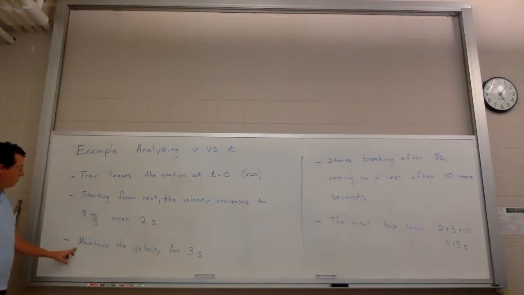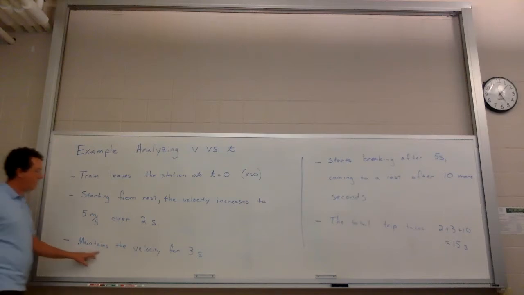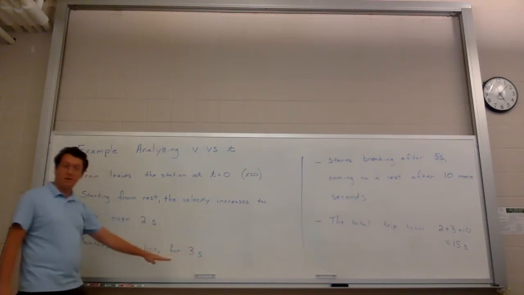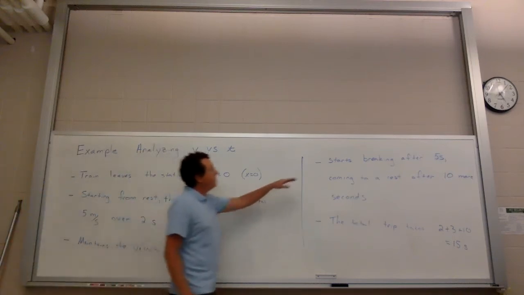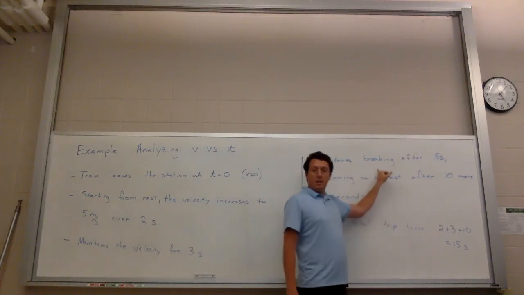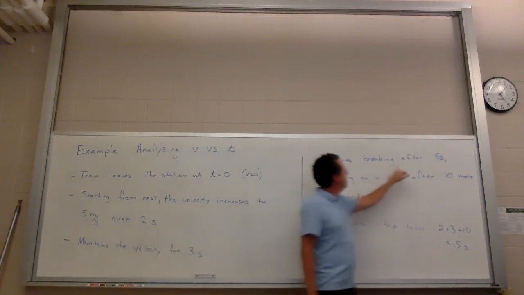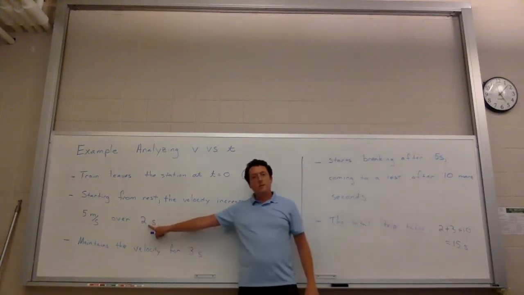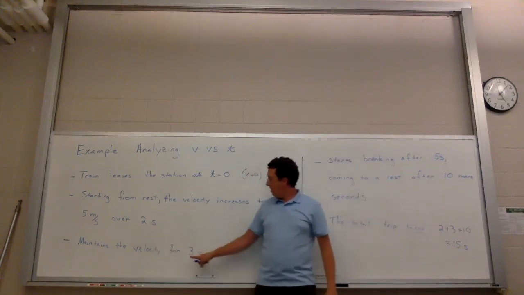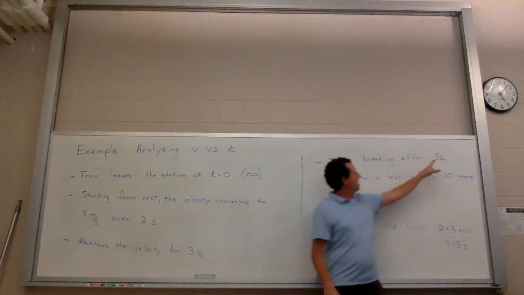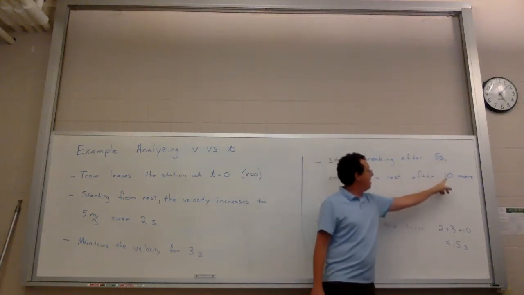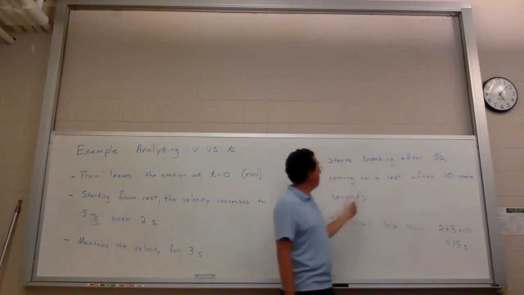We will assume that it maintains that same velocity, that velocity of 5 meters per second for 3 seconds. And then it will start braking. Think about what that means. After those 5 seconds, so 2 seconds to increase velocity, maintain it for 3 seconds, and then starting at time equals 5 seconds, it will come to a rest after 10 more seconds.